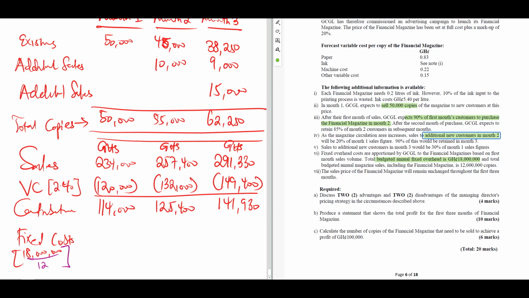Divided by 12 because I want the fixed cost per month. 18 million divided by 12, so each month will give me how much? The figures I have here are small. These are part of the magazine sales.